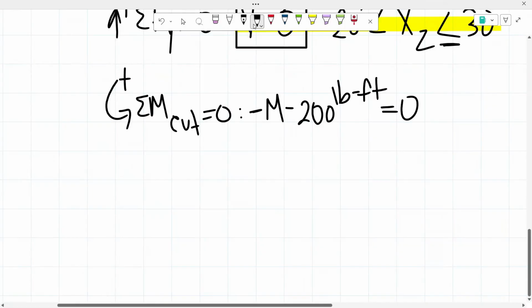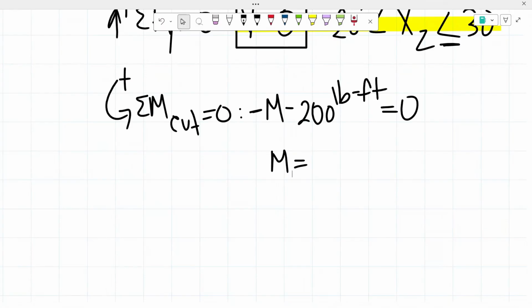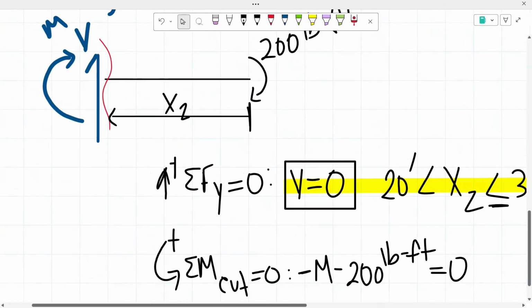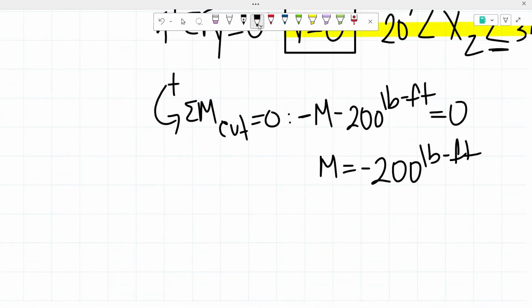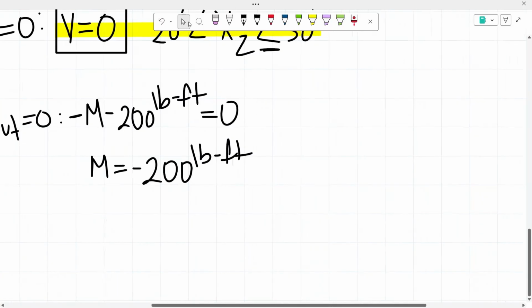So this has to equal 0. So we know that our moment is going to be equal to negative 200 pound-feet. And then from there, once again, we know that this is true.